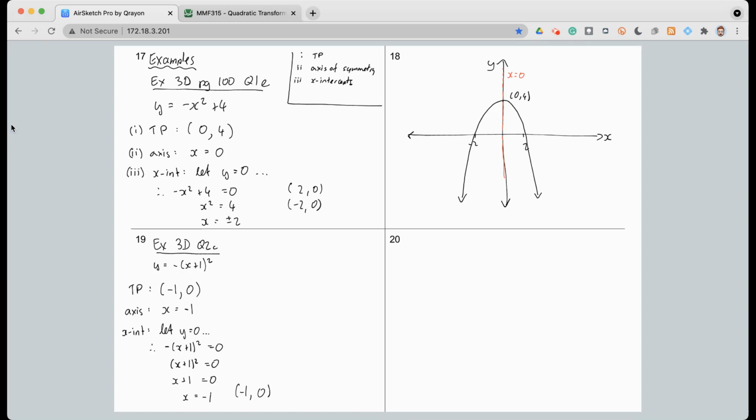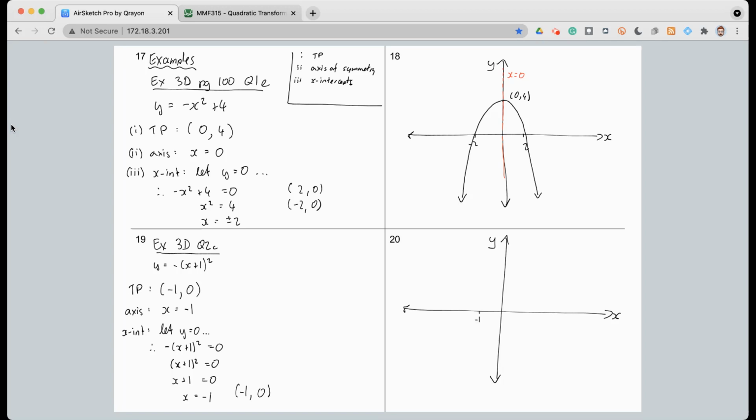Okay, I'll just draw my axes, x-axis, y-axis, like so. And now I will put in my turning point, which is -1, 0. So let's say that's here.